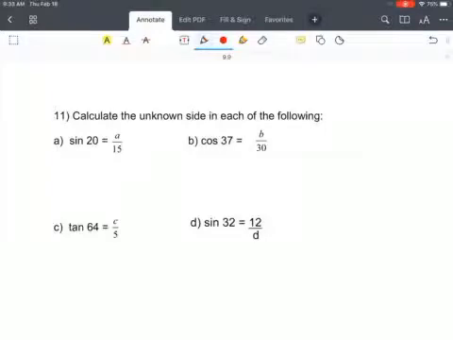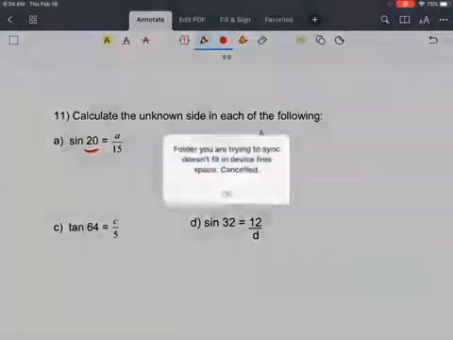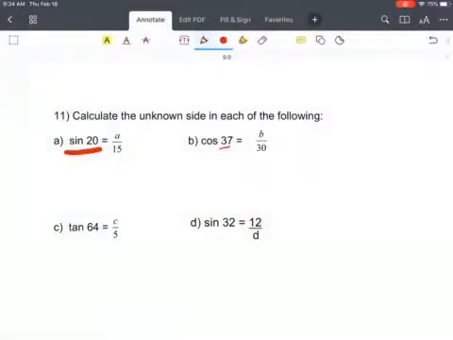We can use these to also solve for values. We have a proportion here again. Make sure on your calculators that your mode is in degree mode. We are taking sine, cosine, tangent of 20 degrees in a triangle or 37 degrees in a triangle. So this is just like having sine of 20 over 1.